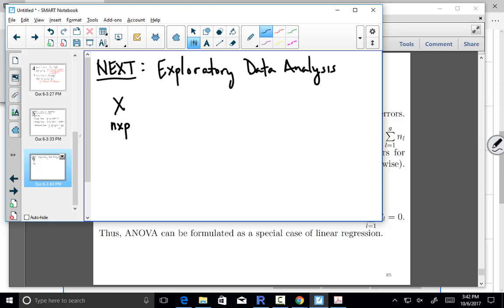I could go to each variable and make a histogram or a box plot. That's a good place to start. Let's look at each variable individually. But with multivariate statistics, we're counting on there being interrelationships between the variables. And just making a histogram or a box plot doesn't tell me anything about interrelationships.